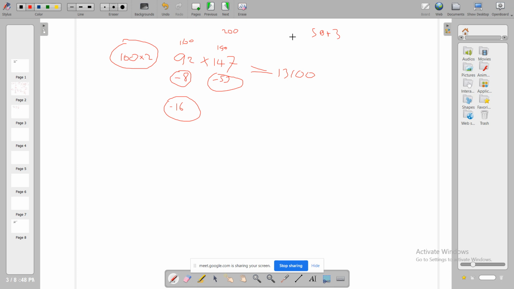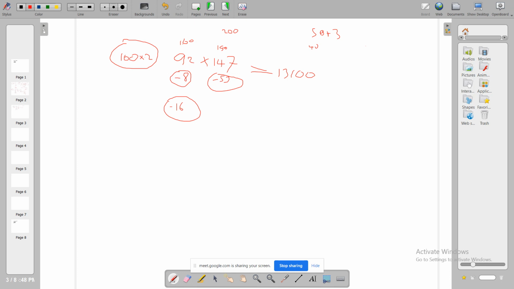Now 50 plus 3, so you can multiply 8 times 50. 8 times 5 is 40, so 8 times 50 is 400. So your 400 will be here.